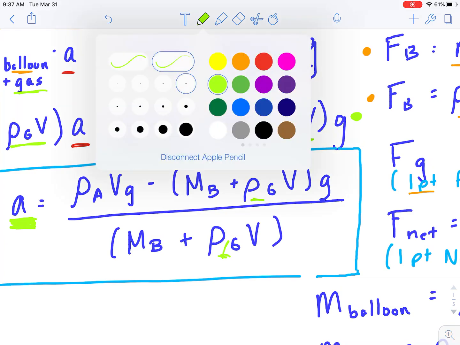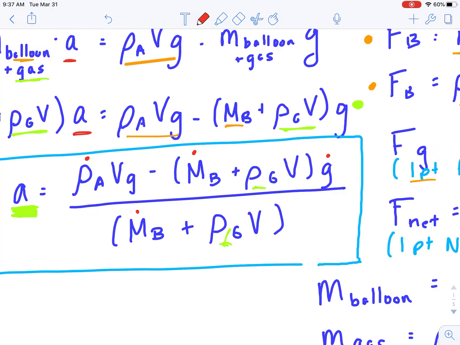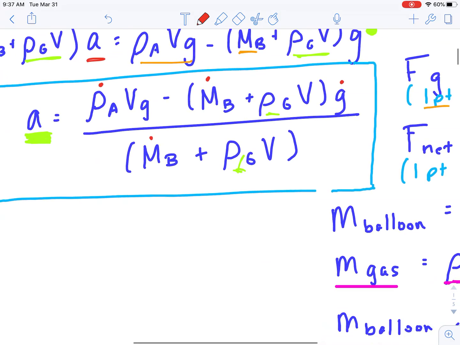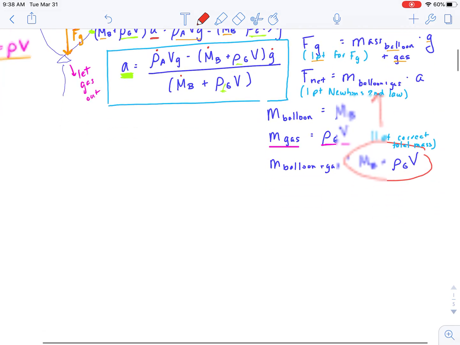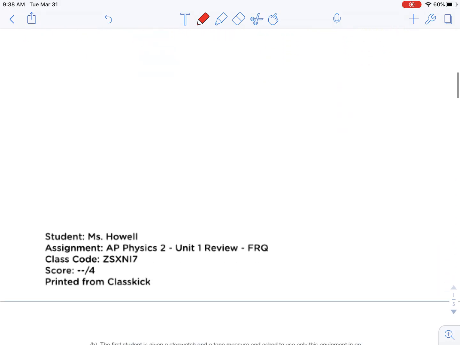Now the density of air is not going to change, and the mass of the balloon is not going to change. G is not going to change. And we would be able to measure V, the volume. So we would need to measure acceleration and volume, and then hopefully that would get us the density. Somehow that would get us the density.